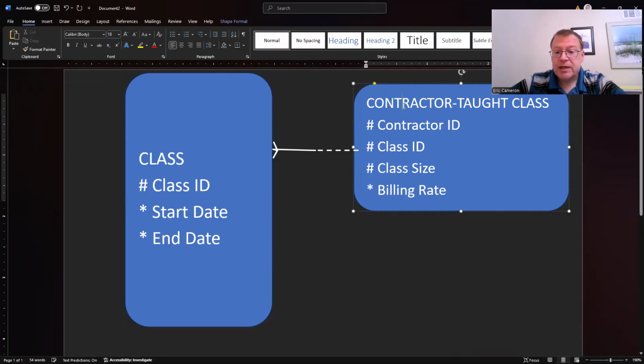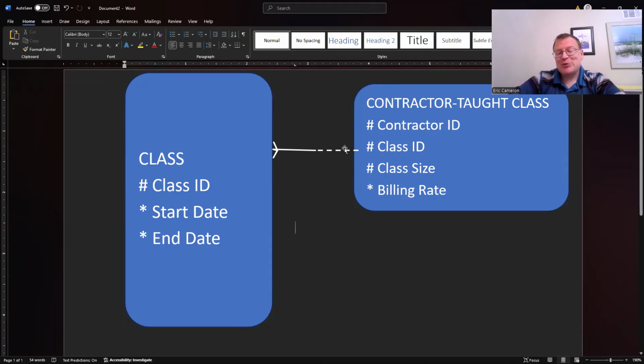What this means is a contractor could teach, you see this half is optional, so that would be 0 to many classes. Again, if you Google this, you will find 40 different ways to do this. But this is basically saying they could do 0 or many classes.